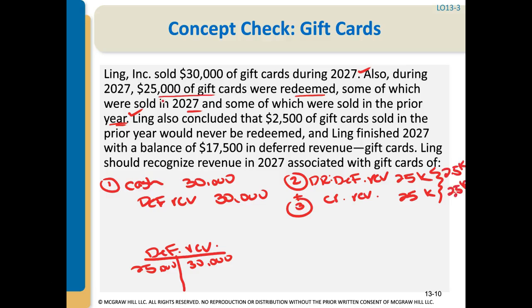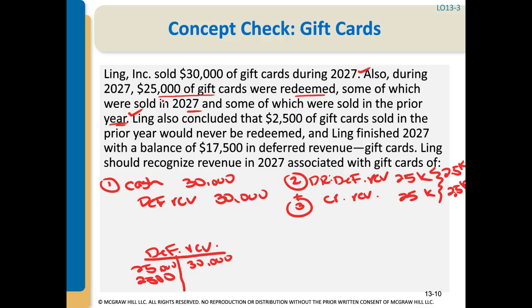We're going to debit deferred revenue for $2,500 and credit revenue for $2,500. So here I have another debit for $2,500.